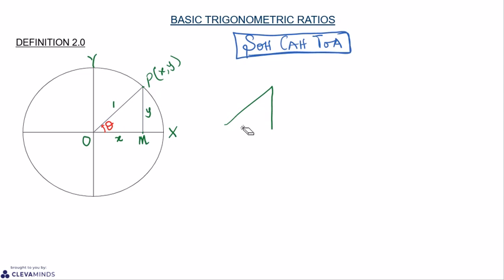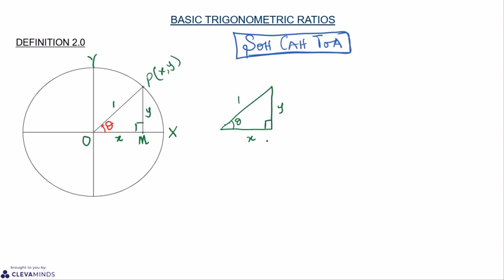Good. So this is 1, this is y, and this is x, and this is theta, isn't it? And this is 90 degrees. So definitely here too is 90 degrees.